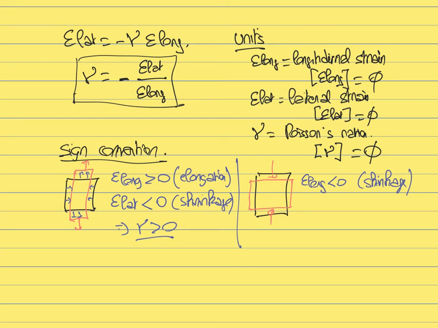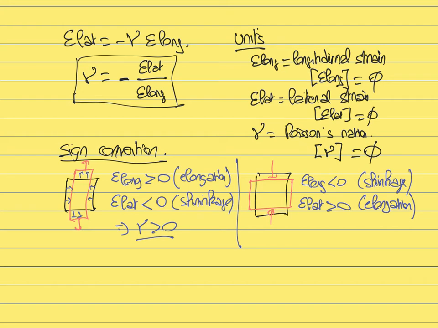The volume is not exactly constant, but still the beam tries to keep its volume as constant as possible. So if you shrink it longitudinally, it's going to expand laterally. So you will have an elongation along the lateral direction.